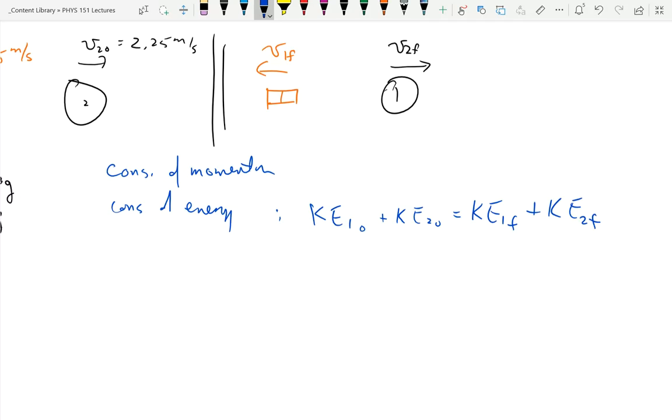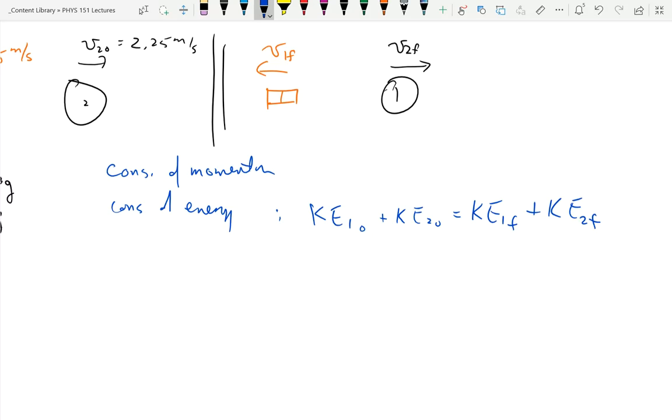Is that the easy way? No, that is the correct way, and it was from manipulating this equation that I got to the easy way. Conservation of energy, because there is no potential energy. They're both moving, there's no change in elevation, there's no springs. So the kinetic energy initial is equal to kinetic energy final.